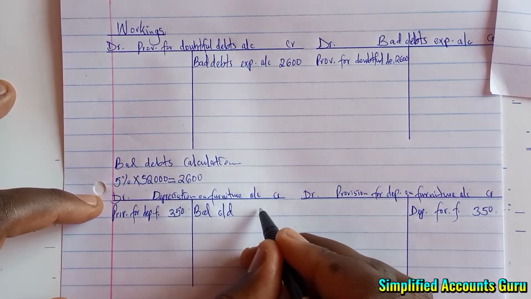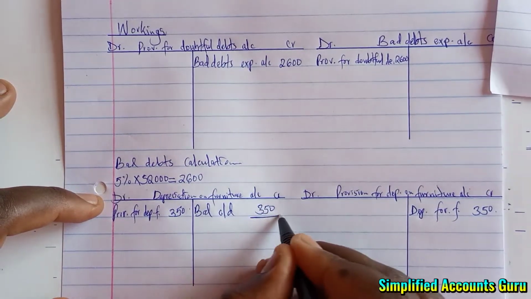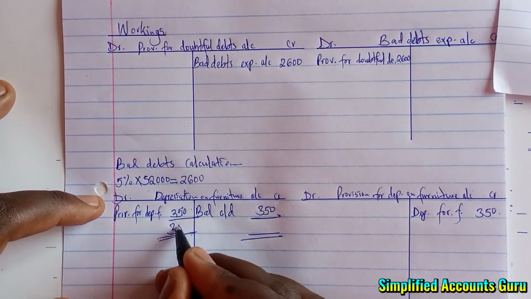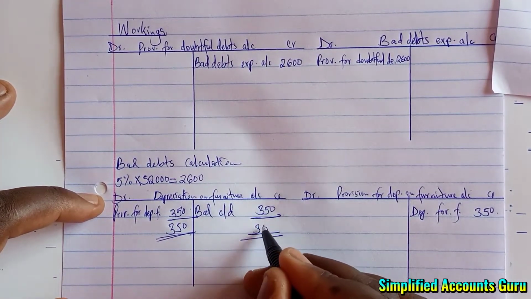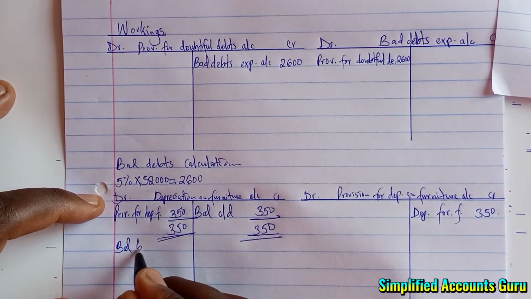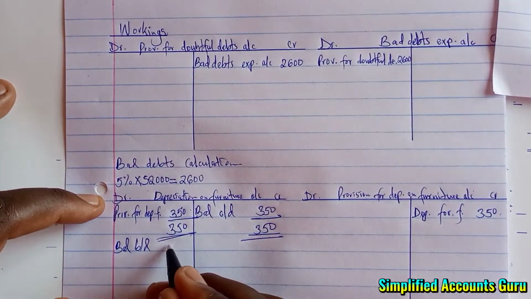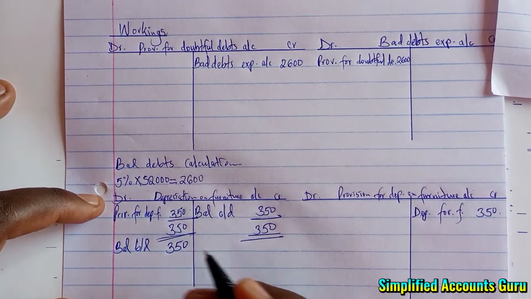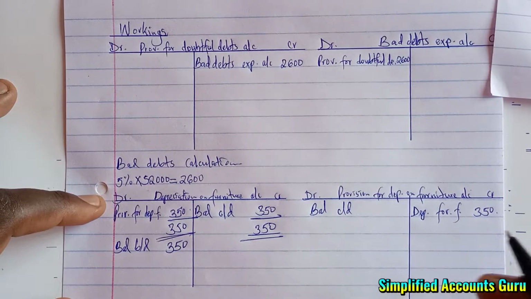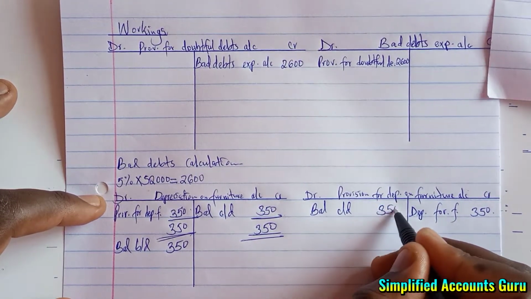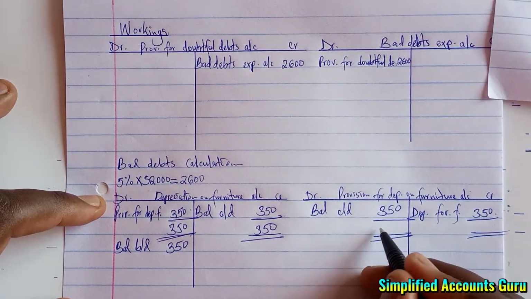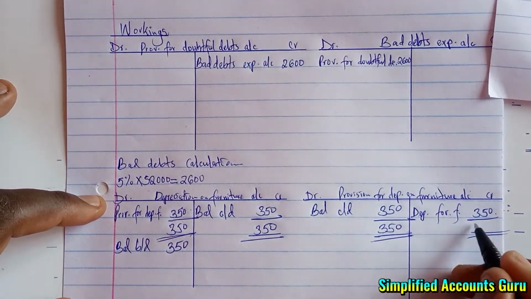Balance carried down 350. So this is 350. This other one is also 350. Now you have balance brought down, which we'll use in the succeeding period. Here you also have balance carried down of 350. Close it down at that point, 350.